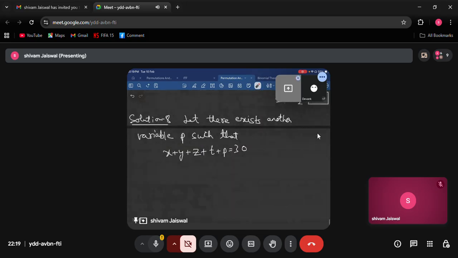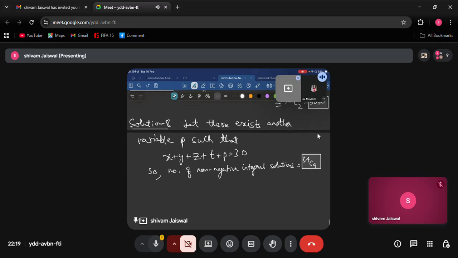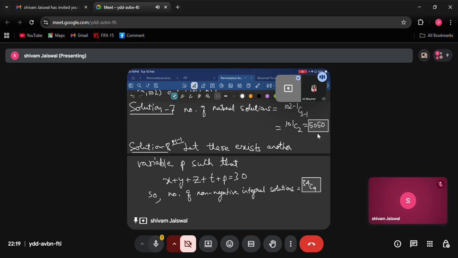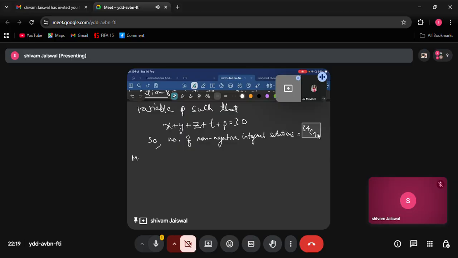So the number of non-negative integral solutions will be equal to 30 plus 5 minus 1, that is 34 C4. Right. Memel, Omnini, is it clear? Tell me. Yes, sir. Okay, but Omnini, the way you have solved it, you can simplify it from there also.